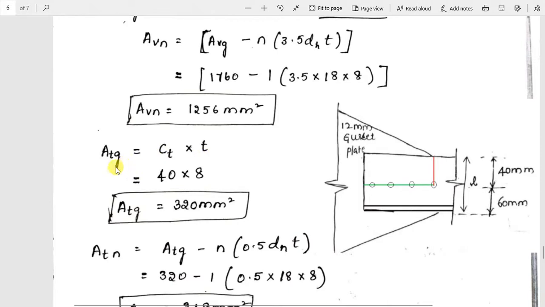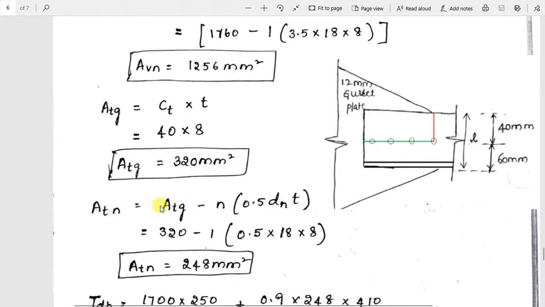Similarly, you have to calculate ATG with respect to tension, gross area in tension. That is nothing but LT into T. LT is nothing but this value. From this particular point till here it is 40 and thickness is 8. So ATN is nothing but net area in tension. So ATG minus N into 0.5. Once again this value changes with every problem.